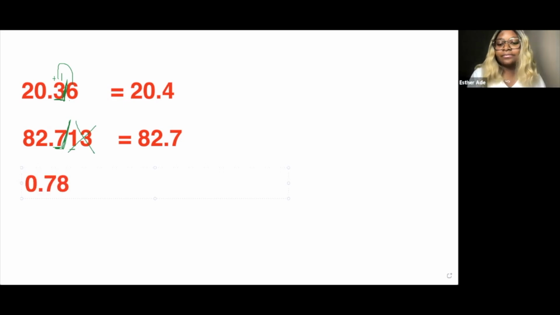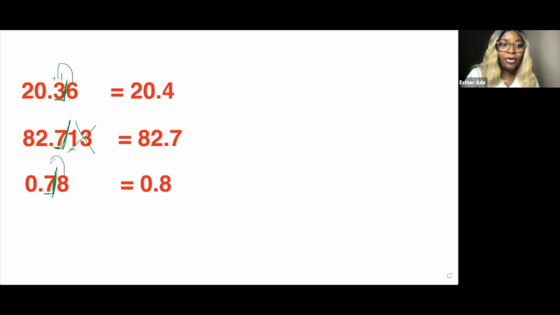All right, so if we have 0.78, let's round it to the nearest 10th. Your right answer should be 0.8. All right, so once again, this is the one number after my decimal point. I lock my door. Luckily, this is 8 and up to 5 and more.